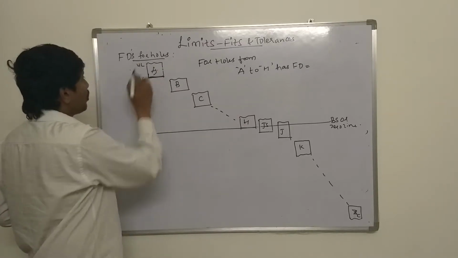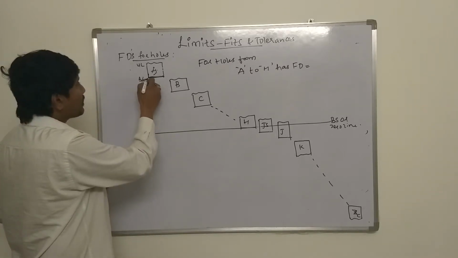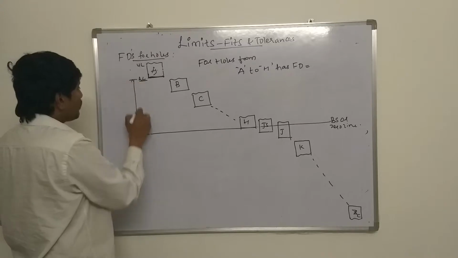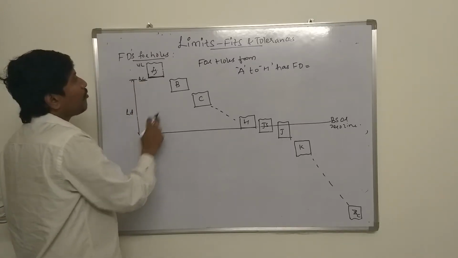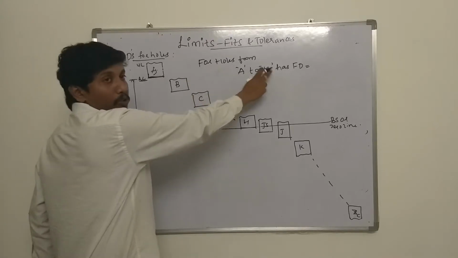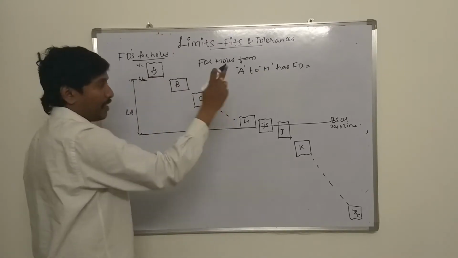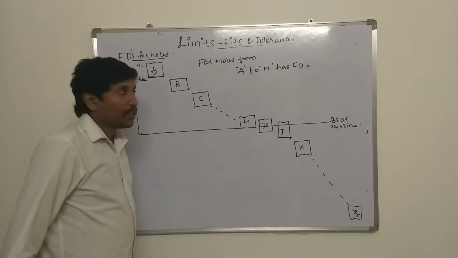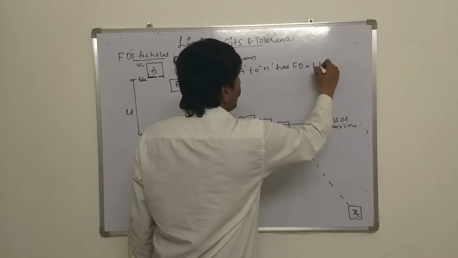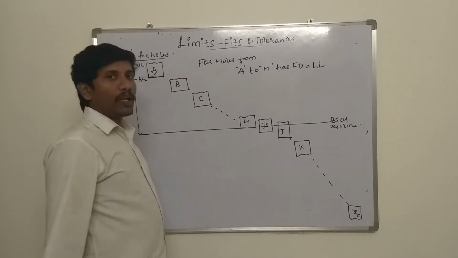Out of these two limits, lower limit or lower deviation is nearer to the basic size or zero line. So for holes from capital A to H, fundamental deviation is equal to lower limit, because lower limit is nearer to the basic size or zero line.